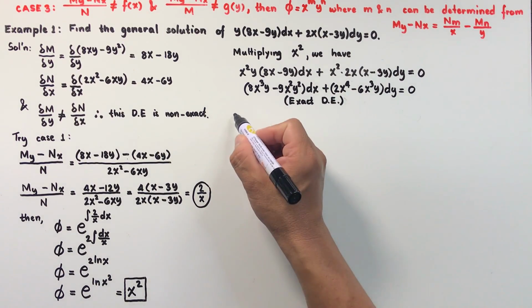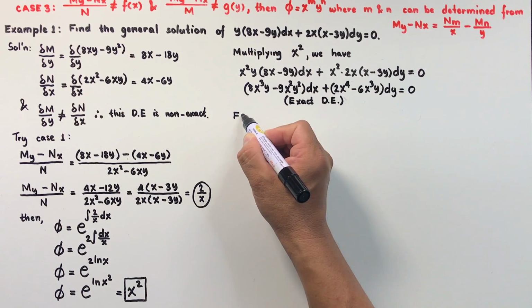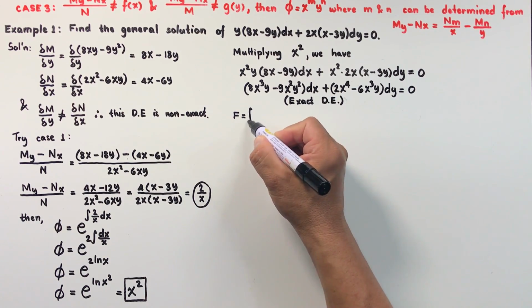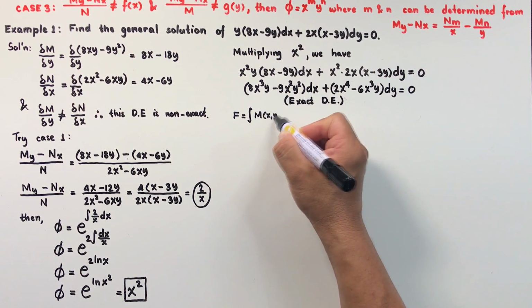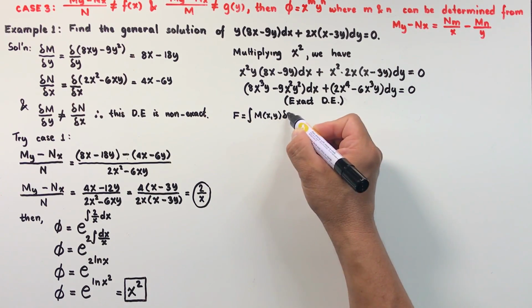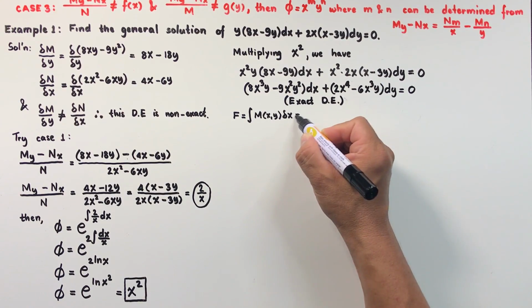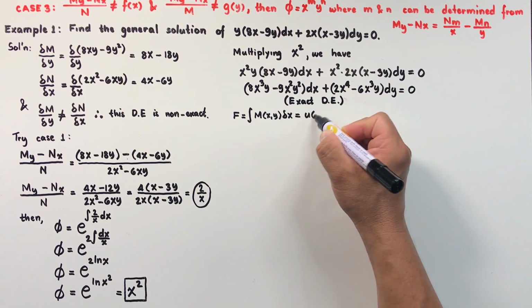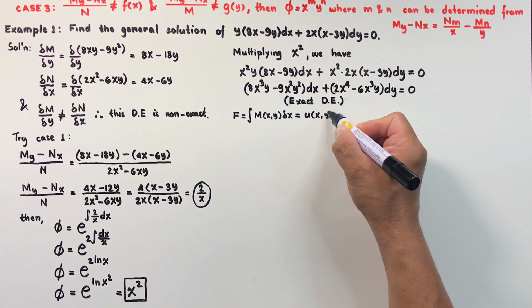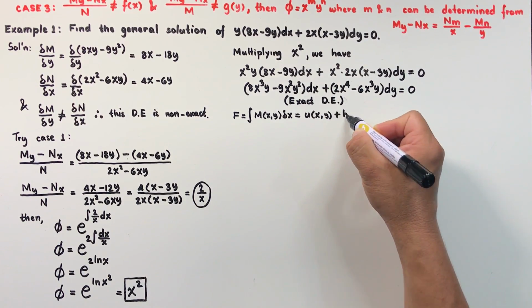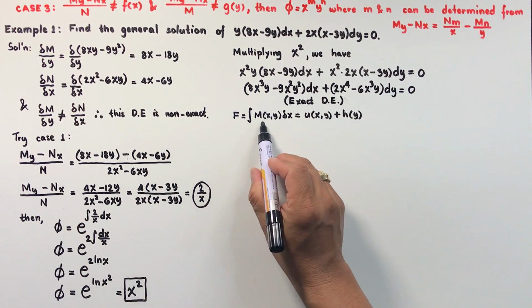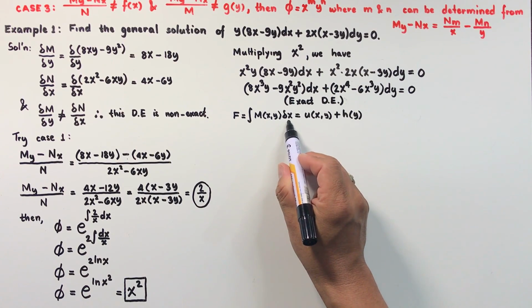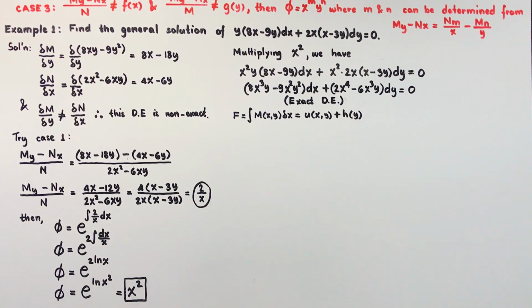So using the method of solving the exact differential equation, we take the partial integral of our m of x and y partially with respect to x, and the answer is some function which is in terms of x and y plus a function that is in terms of y alone, because this is partial integration with respect to x, so we may expect some function which is in terms of y if there's any.